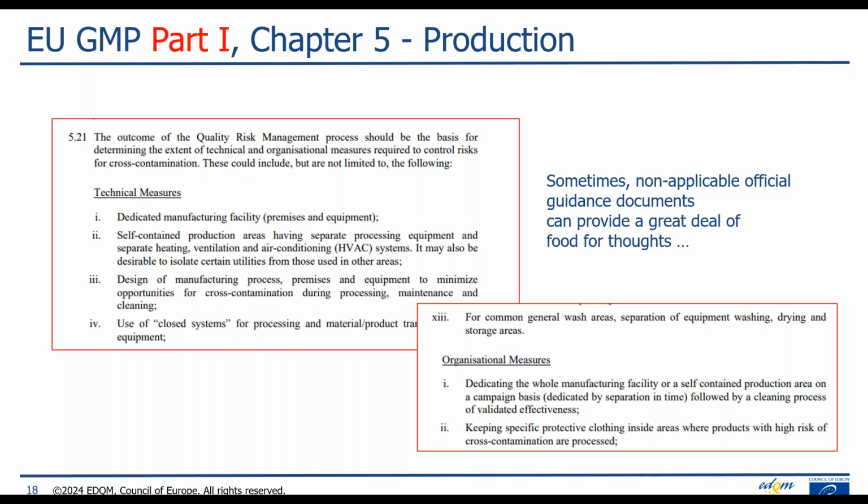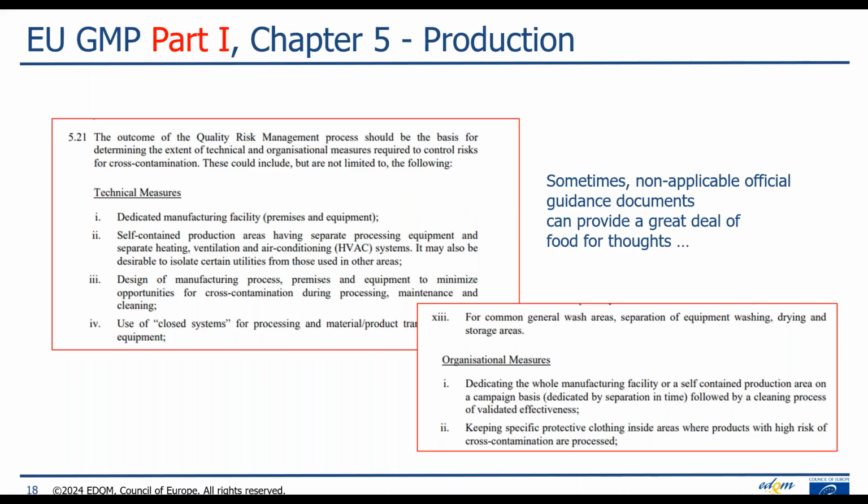And sometimes it's also quite interesting to source from other guidances in order to get things on board which might be useful to apply. What I've put here on the screen is chapter 5, the chapter on production of EU GMP Part 1. This chapter 5 underwent a revision maybe 5-6 years ago, in particular to embrace quality risk management.